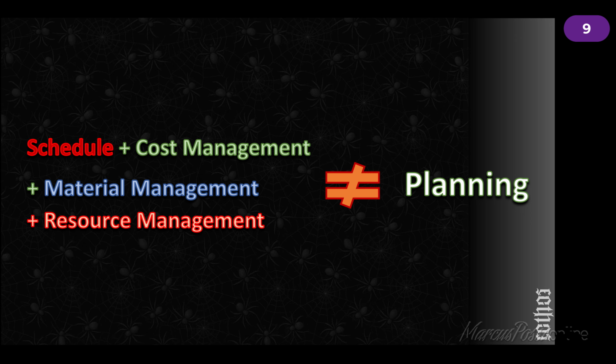Cost, material, and resource management are part of our planning, but the plan will be finished just after we finish our risk analysis. Not a very deep and complex risk analysis, but a simple risk analysis of our cost uncertainties and material supplier uncertainties.